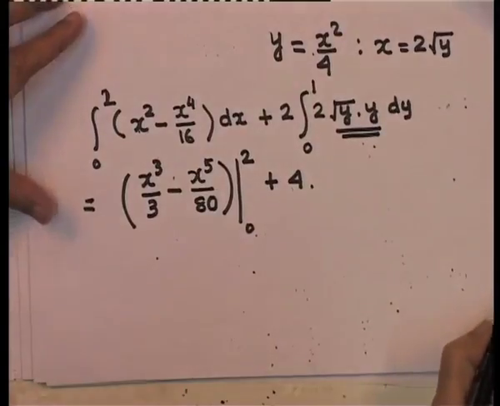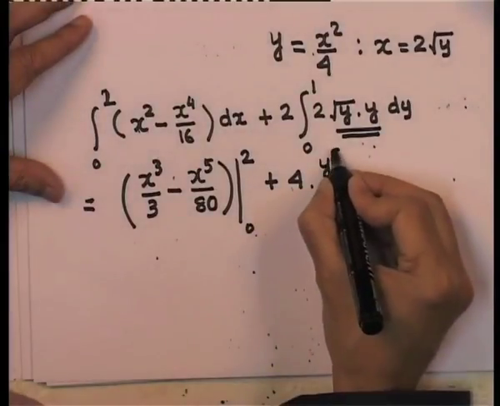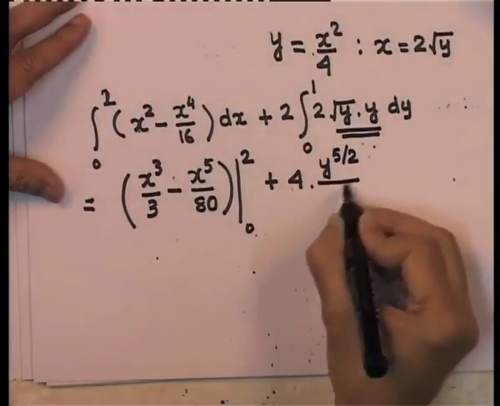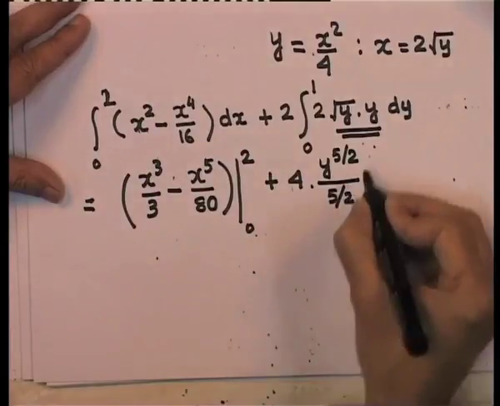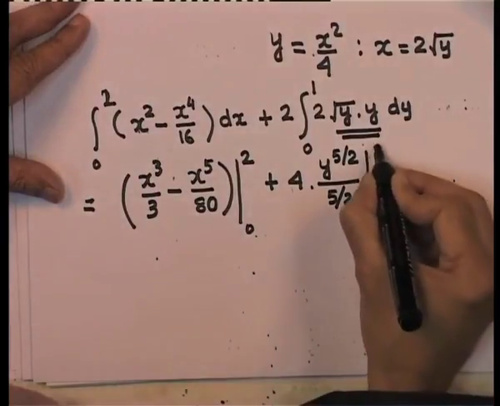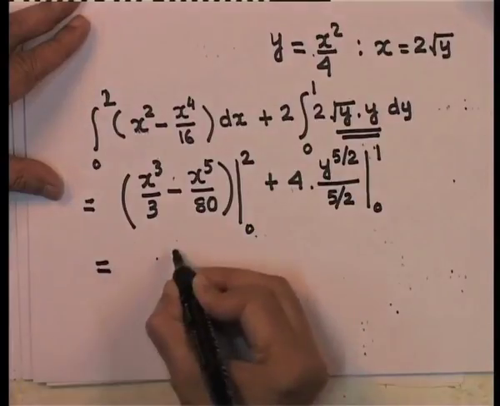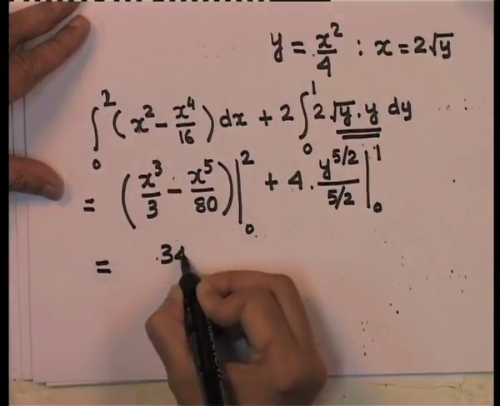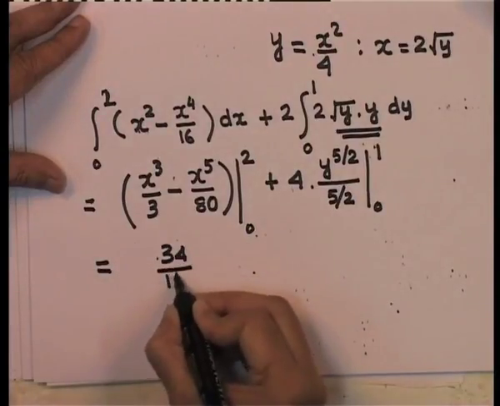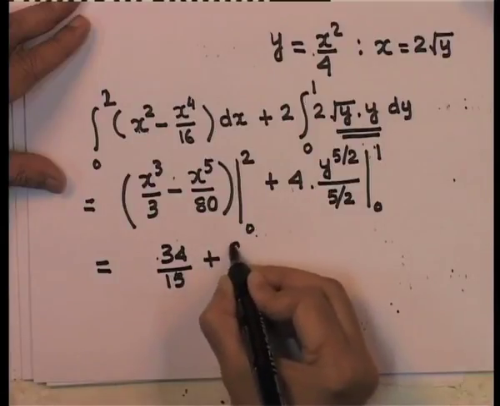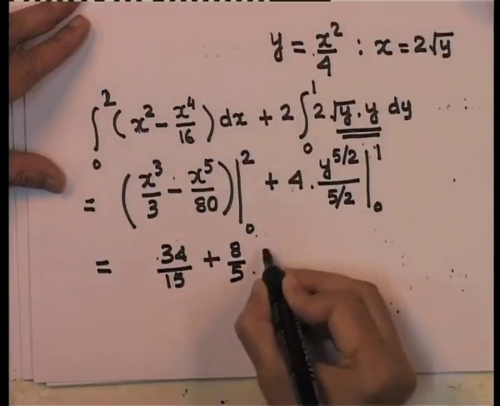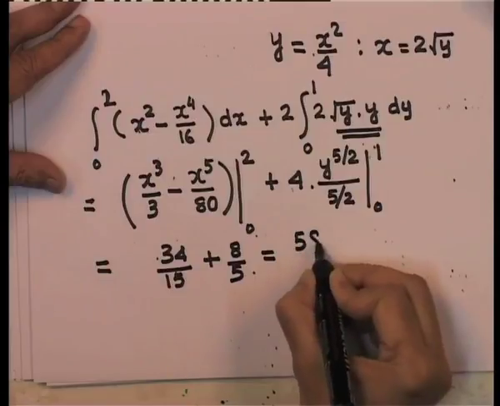So, I get y to the power 5 by 2 divided by 5 by 2, limits are from 0 to 1, and you can easily compute this. This happens to be 34 by 15 plus 8 by 5 and is equal to 58 by 15.